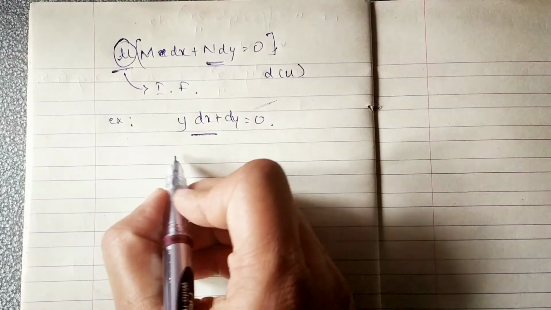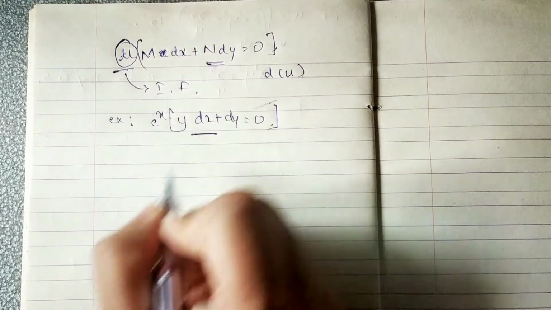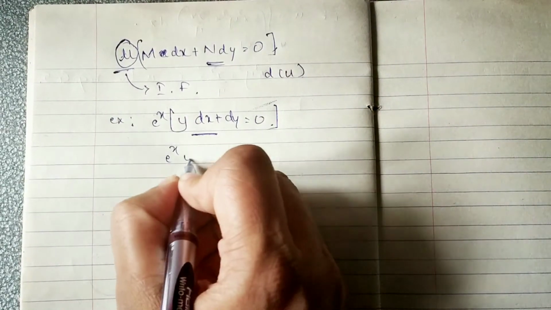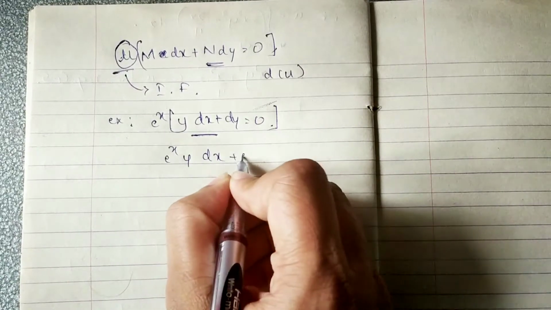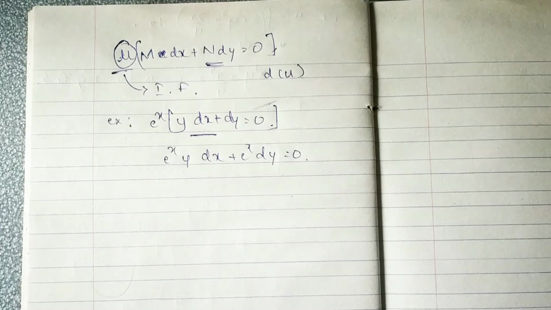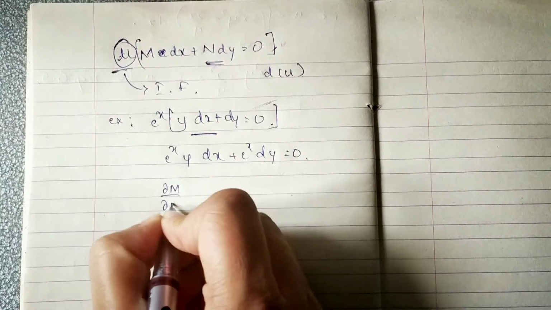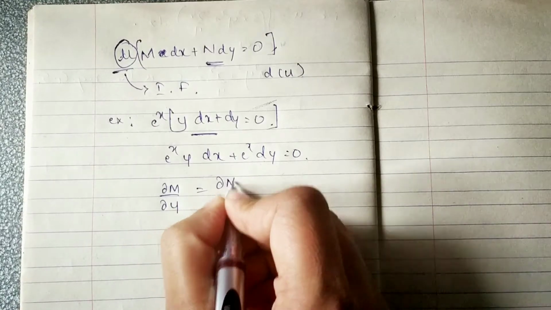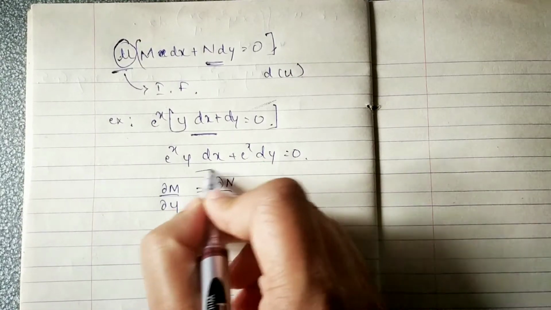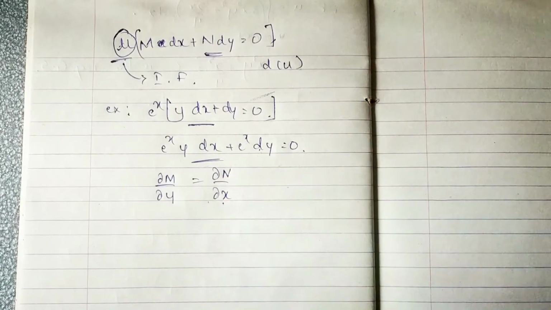But if you multiply this equation by e raised to x, then it becomes e raised to x into y dx plus e raised to x into dy equal to 0. Applying the necessary and sufficient condition, which is dou M by dou y should be equal to dou N by dou x, then only we call this equation exact. So let us check this condition for the given equation.